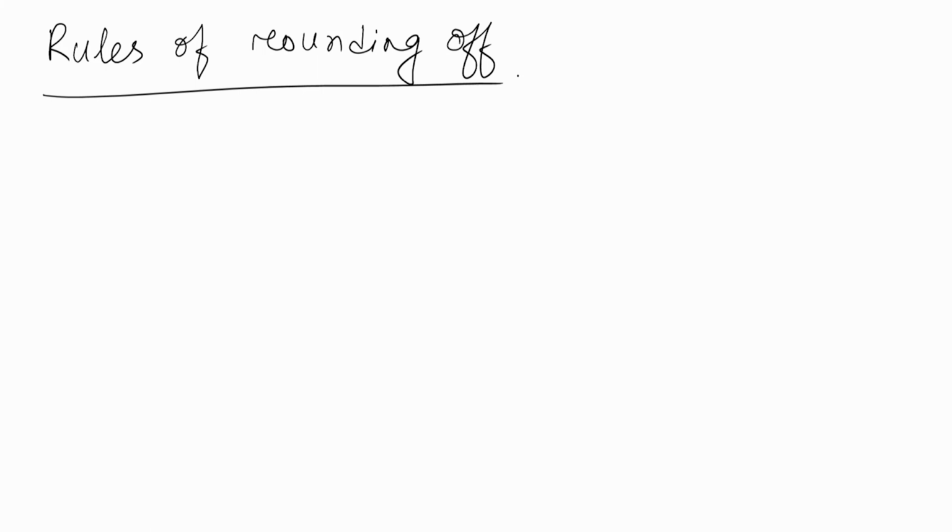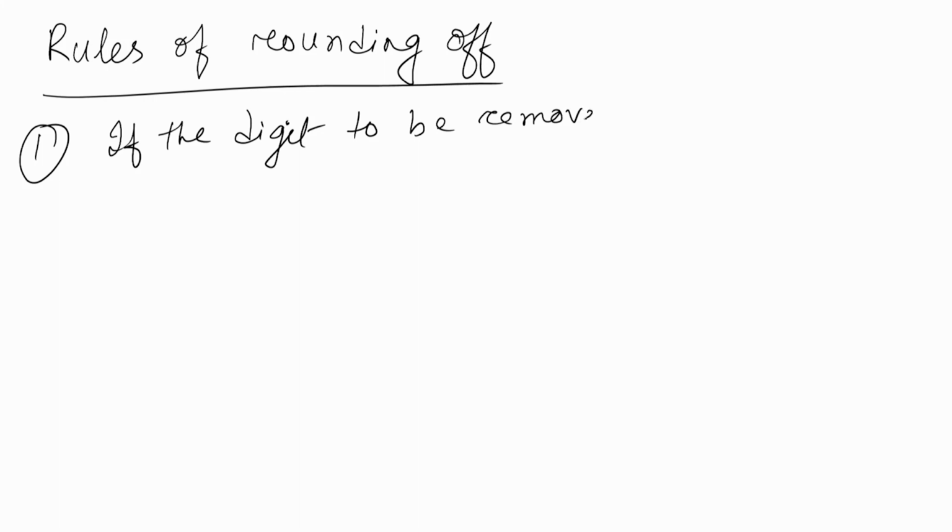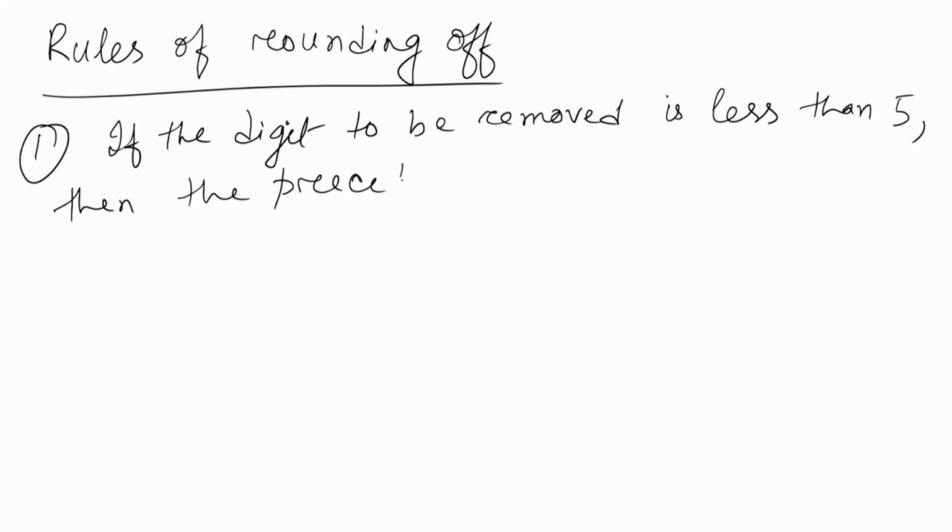Okay. So the first rule is, if the digit to be removed is less than 5, then the preceding digit remains the same. Okay.